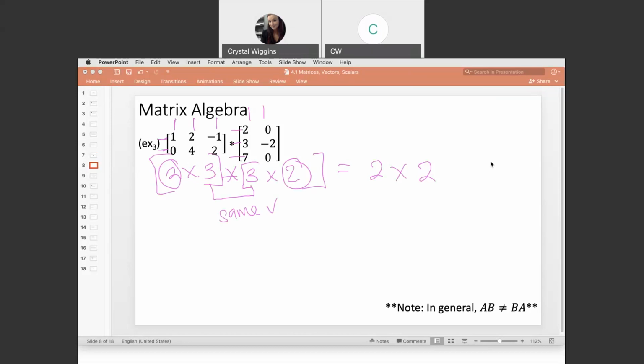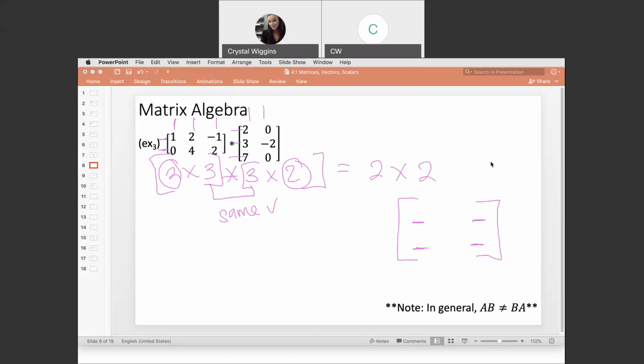Okay, so now I know I'm looking for a 2 by 2 matrix, so my output is going to be a square matrix with 4 entries, 2 rows and 2 columns. I'll do these little underlines to show you that these are the 4 entries we need to calculate. And the way that we are going to apply multiplication is by multiplying row by column.